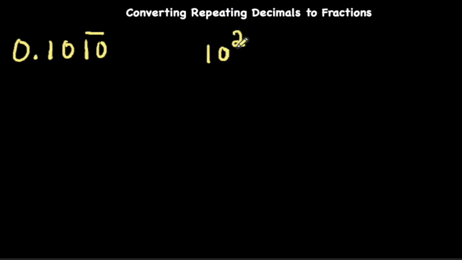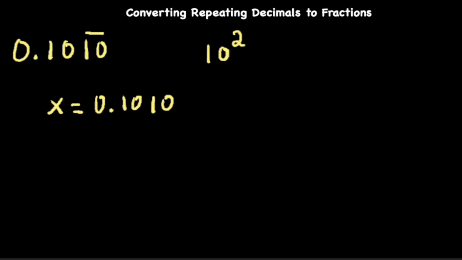Now we're going to set this number equal to x, so x equals 0.1010 repeating. You already know that you're multiplying by 10 twice, and 10 times 10 is 100. So we will be multiplying both sides of your equation by 100.